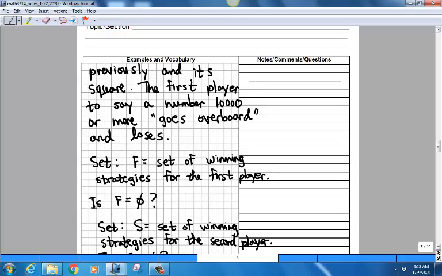So the basic question that we're interested in answering here is, does one of the players have a winning strategy? Is there a system or method that one of the two players can use for making moves that will guarantee that that player wins? Now, notice I'm being very general about what a winning strategy is.